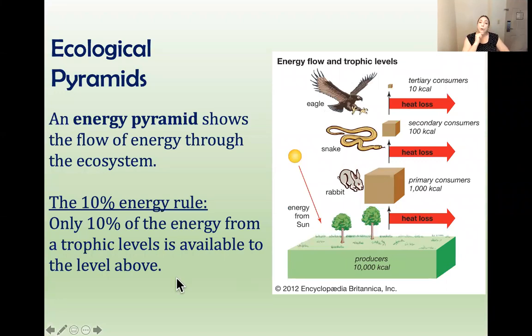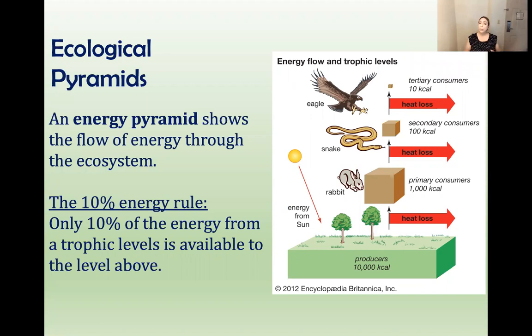Okay, so an energy pyramid is what I'm showing you on the right here. So this shows the flow of energy through an ecosystem. So basically, we are taking a food web and displaying it as a pyramid. Okay, and I'll explain to you why it's a pyramid.